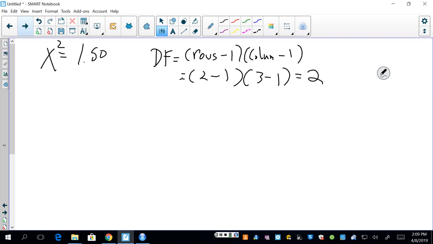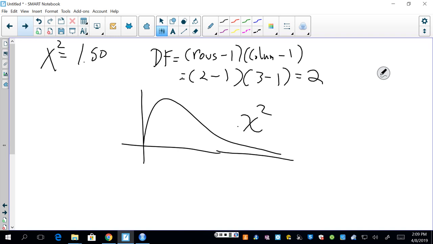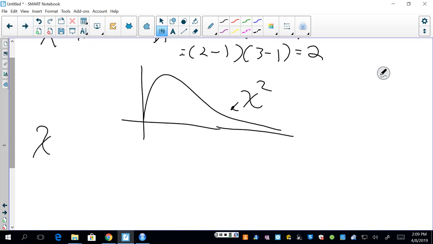It keeps changing because as you get bigger tables, you're adding more things together, so you're likely to get bigger values. Chi-square 2, I think, still looks kind of like this. On our table, we can look up the chi-square 2 to 0.95.